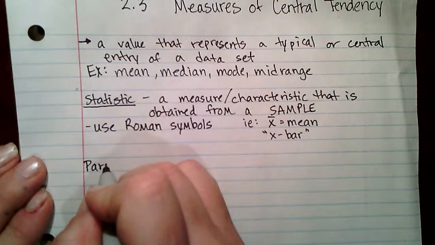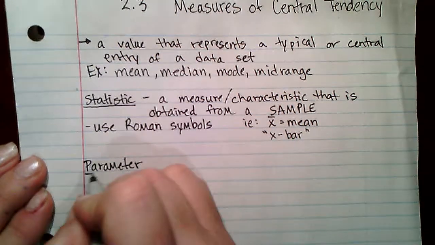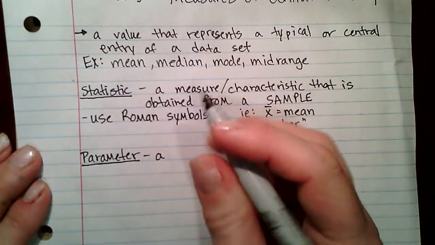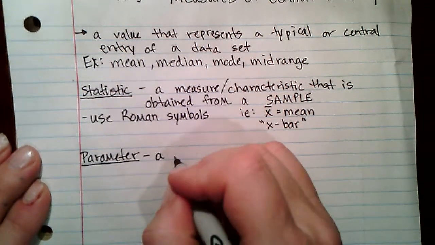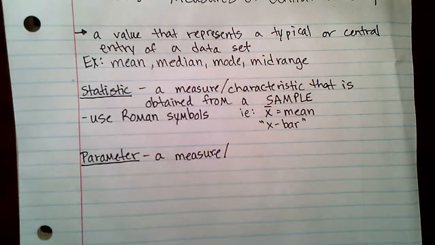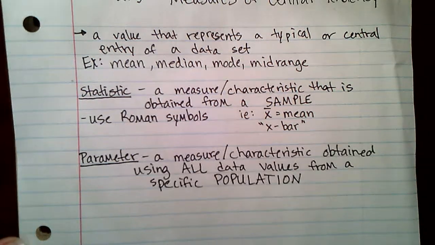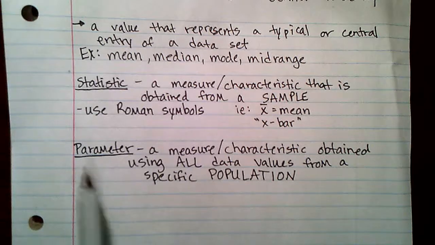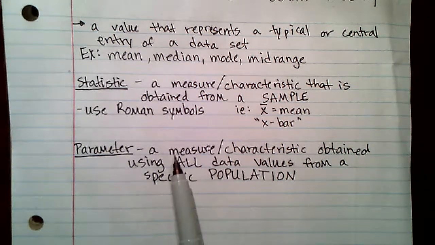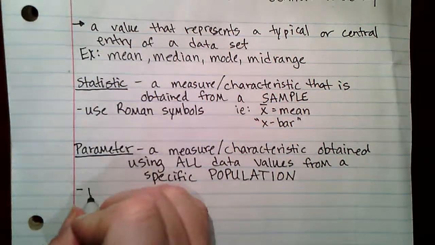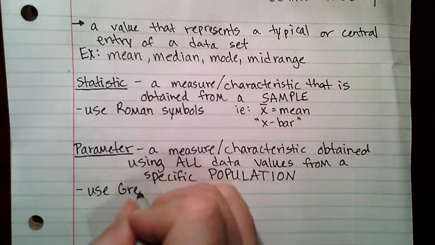Parameters, by contrast, are measures or characteristics obtained using all data values from a specific population. So statistics are going to come from a sample, but parameters are measures or characteristics obtained using all data values from a specific population. Now, parameters are going to use Greek symbols.